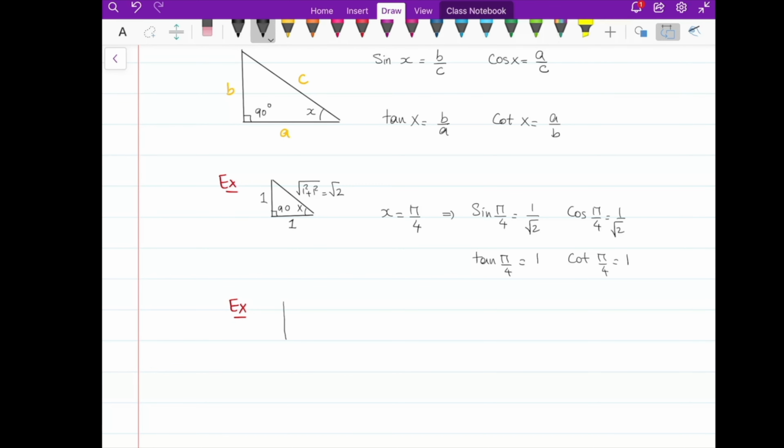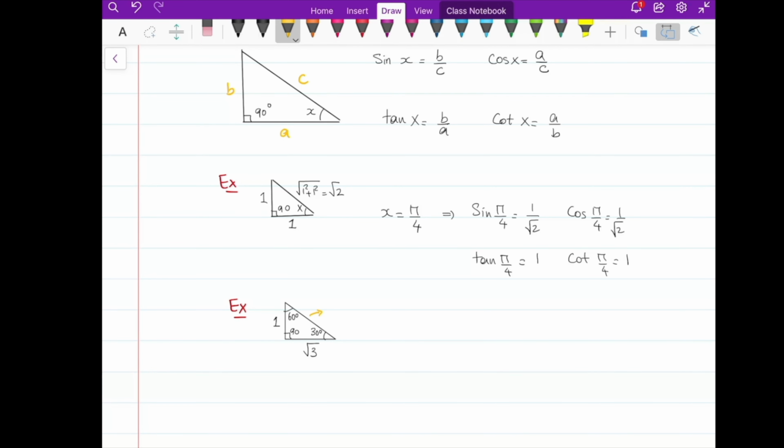Okay, let me give you another example. I'm gonna have this right triangle in here. Okay, so this is 90 degrees. Let's put this one 30 degrees, and so this one would be 60 degrees. Okay, and I'm gonna have root 3 as this side and then 1 as this side.